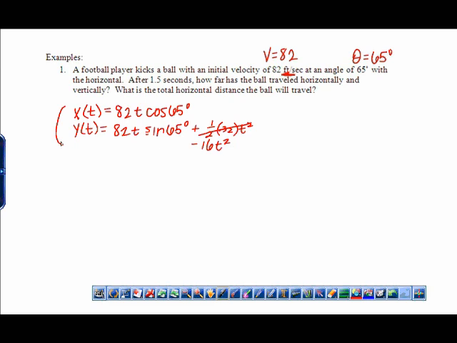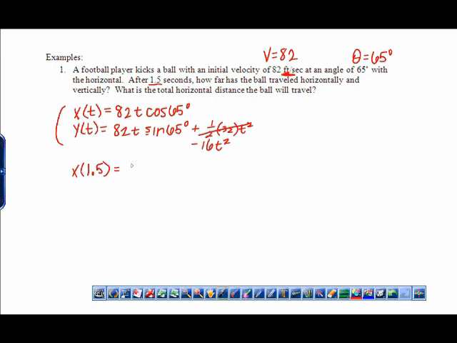All right, now they're giving us a time here at 1.5 seconds. How far has the ball traveled horizontally and vertically? Well, all they're really asking us to do here is to find x of 1.5. They're saying when t is 1.5.